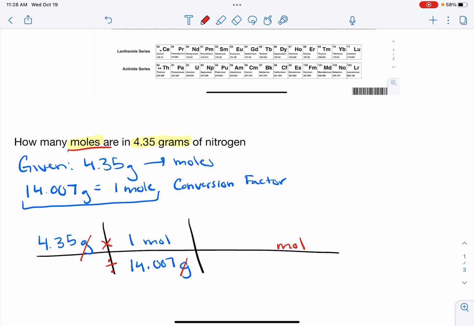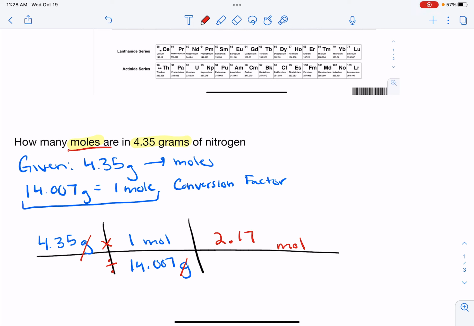So in my calculator, I'm putting 4.35 times 1 divided by 14.007, and I get an answer of 2.17 moles.